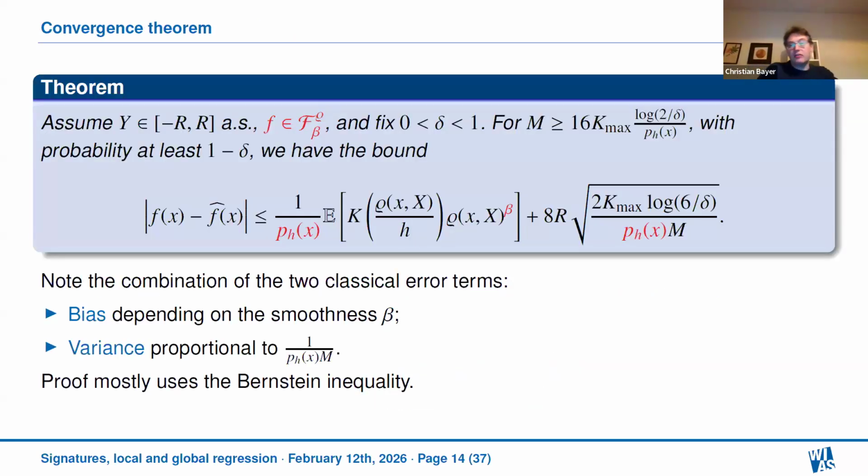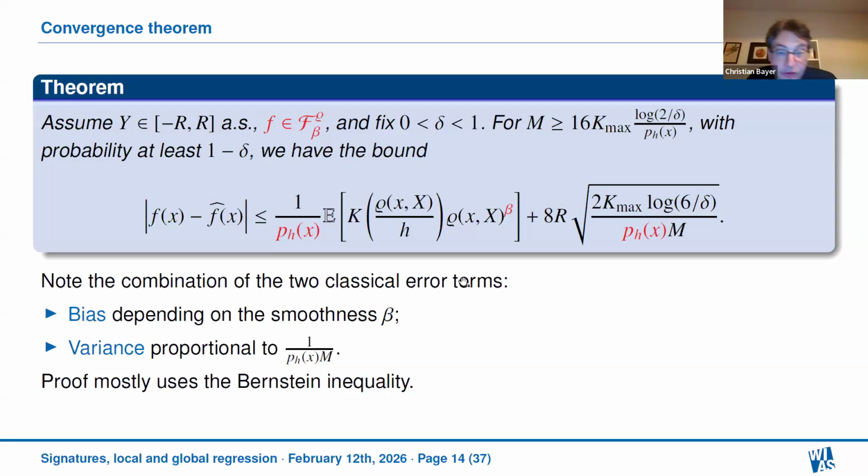It turns out, and this is a somewhat classical result, though I think this precise formulation is new, but for experts this would not come as a surprise. We see this kind of error estimate of our estimator compared to the true function f. We have two terms.